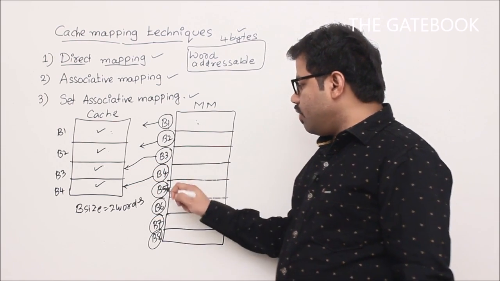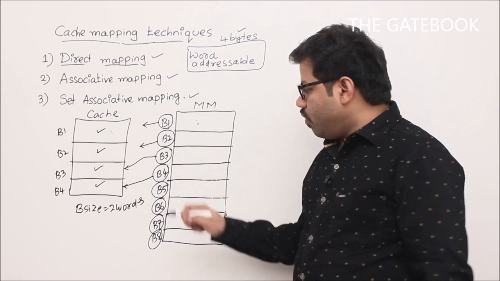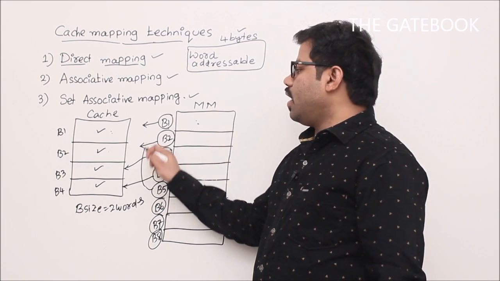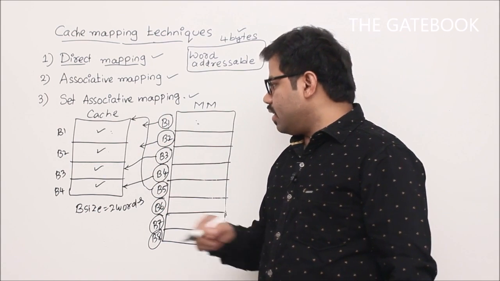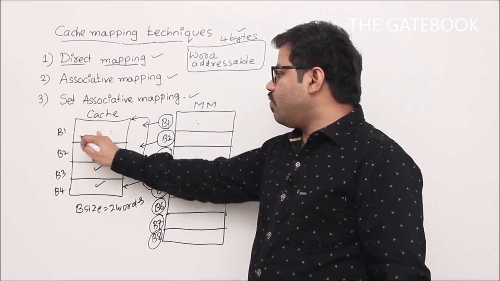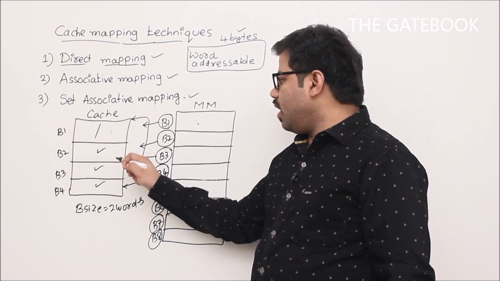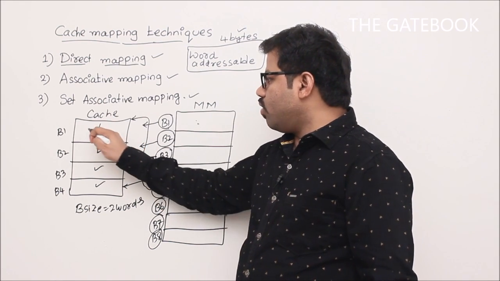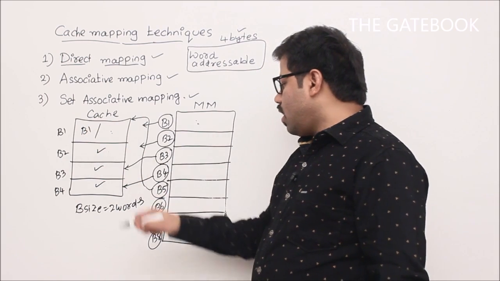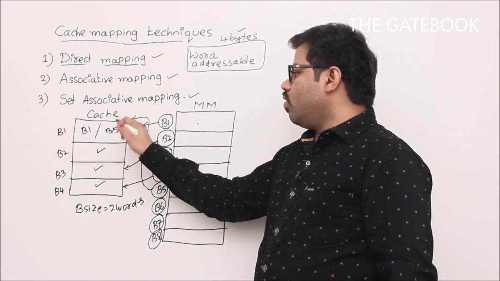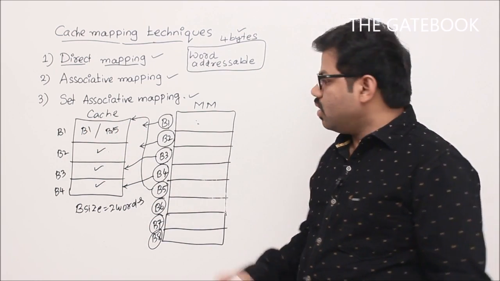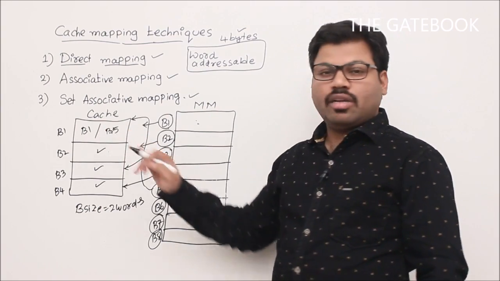Then the problem comes. Where do you keep B5? B5 should go to, let's say, B1's slot again. Then there is a contention for this slot. This slot can only accommodate B1 or B5. Only one among them can be stored here. Remember that point.